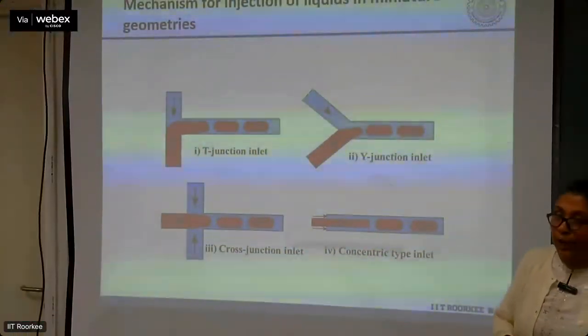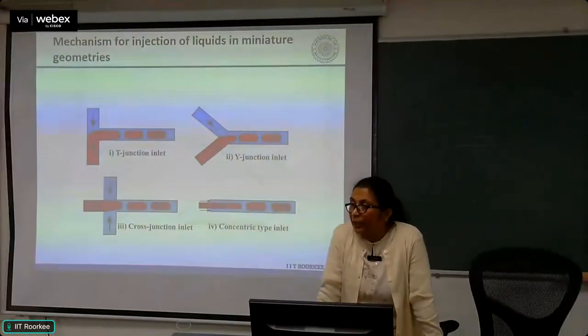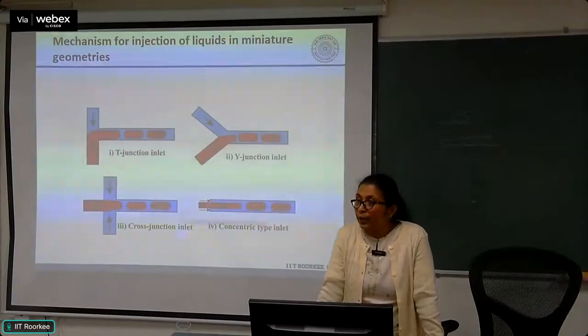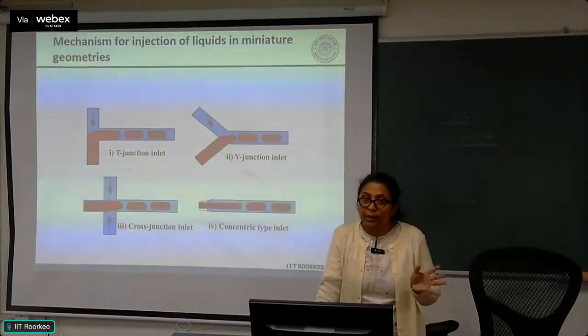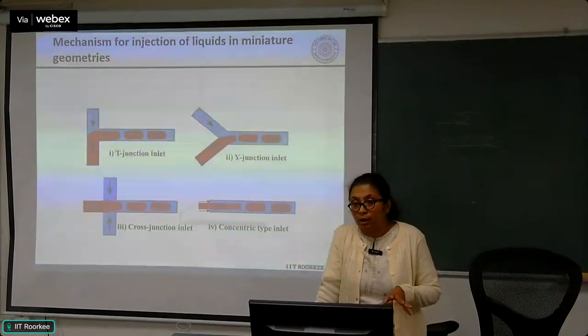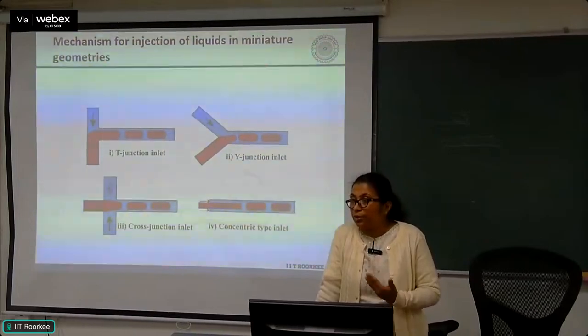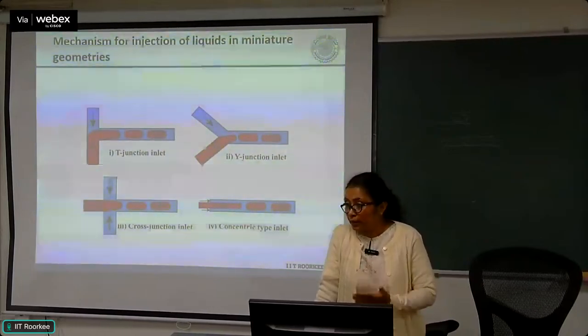Why I'm not using the term stratified, deliberately, is that stratified flow is very correlated with macro geometries, and stratified flow is basically formed due to stratification from buoyancy forces.